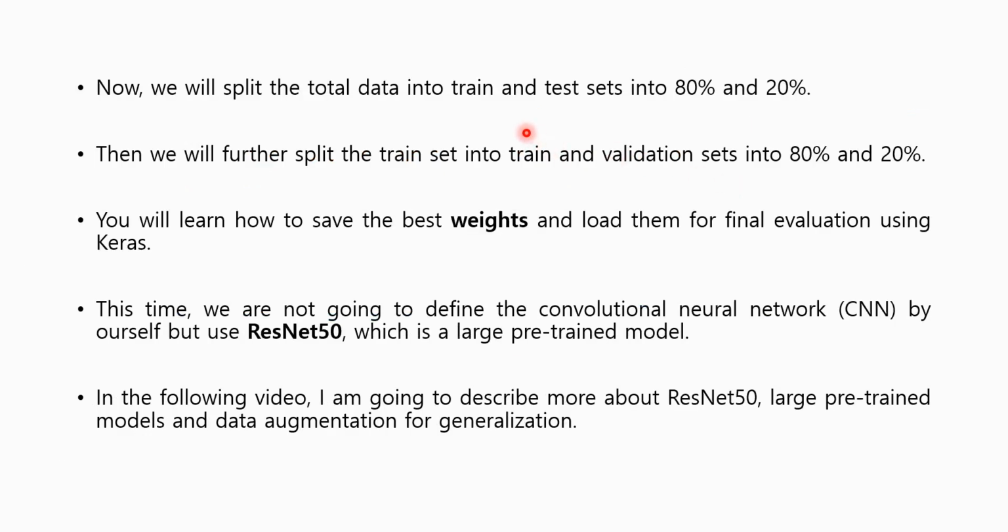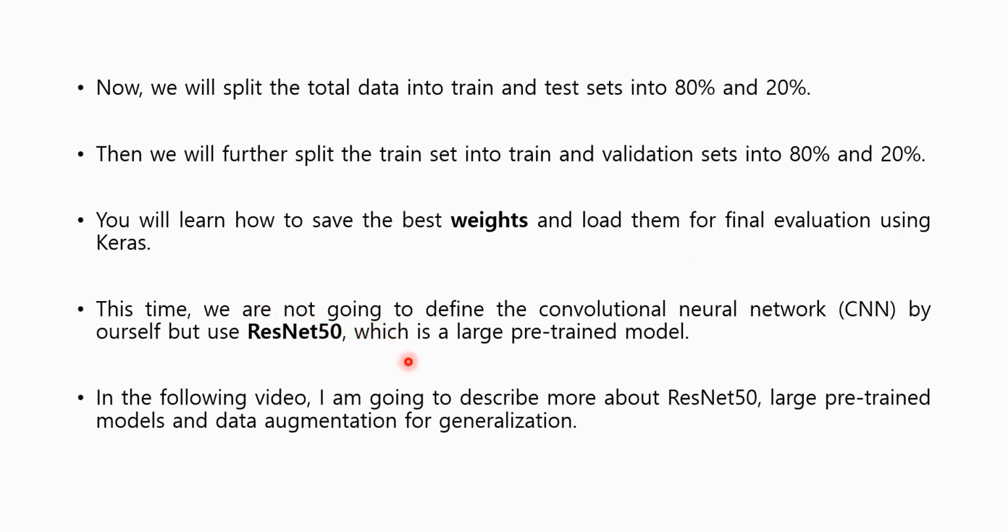Now we'll split the total data into train and test sets of 80% and 20%. Then we'll further split the train set into train and validation sets of 80% and 20%. You'll learn how to save the best weights and load them for final evaluation using Keras.